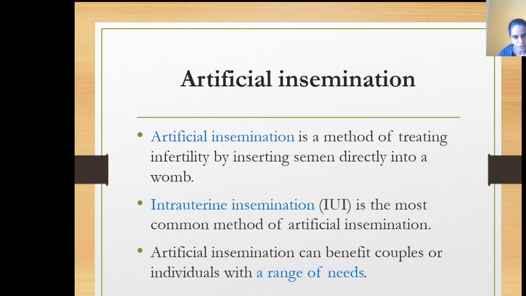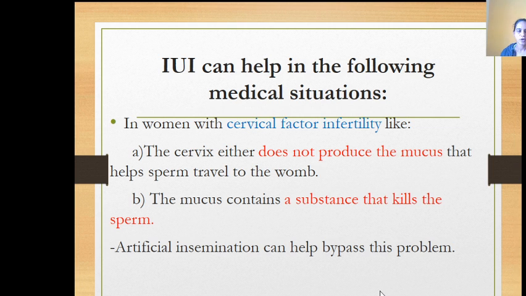Artificial insemination is also known as intrauterine insemination, and it is the most common method. Okay, and this artificial insemination can benefit couples or individuals with a range of needs. So it can help in the following medical situations.